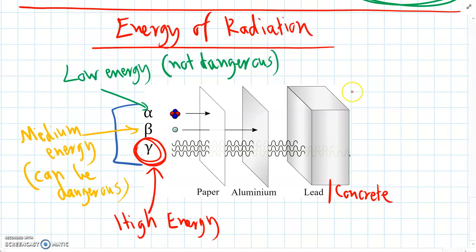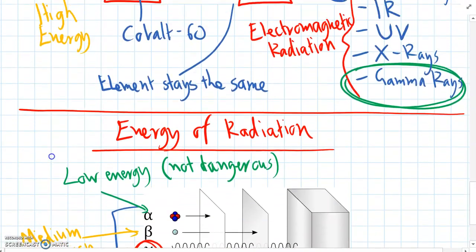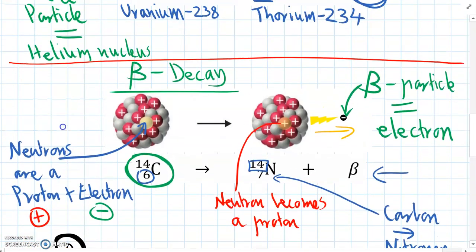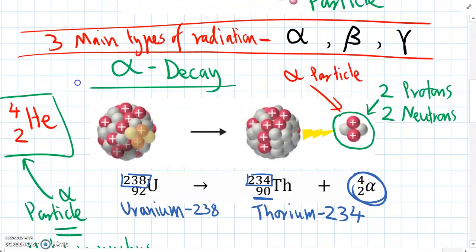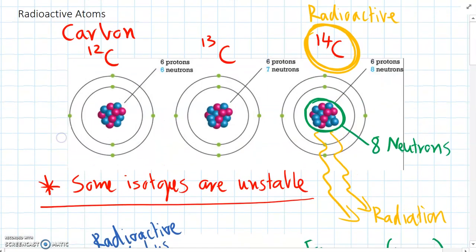So they built lots of bunkers and structures with really thick walls of concrete and lead, so that people could hopefully be protected from gamma radiation if any nuclear weapons went off nearby. So that's the three main types of radiation that atoms can undergo. There are other types, but we'll stick with these three for now.